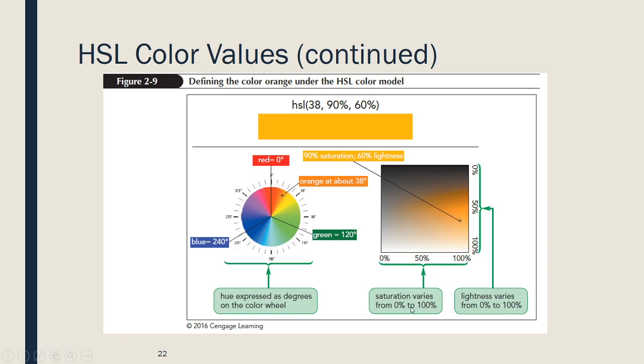And the lightness is from 0 to 100% also, in which 0 is black, the dark color, and 100% has no color, I mean it's opposite.